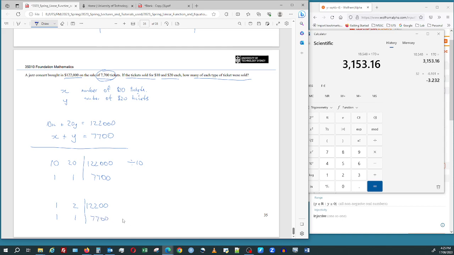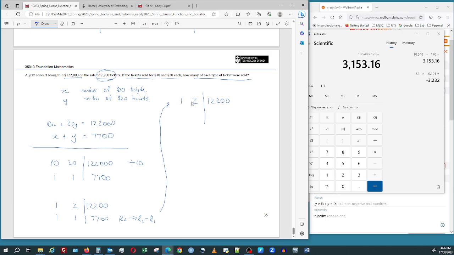Okay, so all we're going to do is row 2 is going to become row 2 subtract row 1. So that's going to make for an easy solution, isn't it? So just taking this up here now. Row 1's not being operated on, so it'll remain at the 12,200 mark.